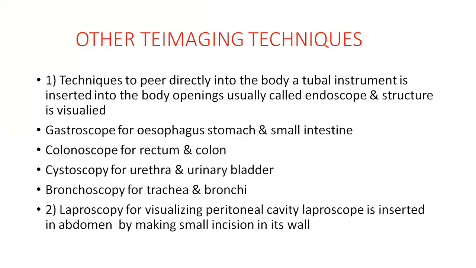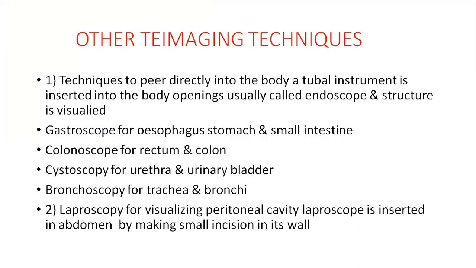The other imaging technique to peer directly into the body is where a tubular instrument, usually called an endoscope, is inserted into the body openings and the structure is visualized.